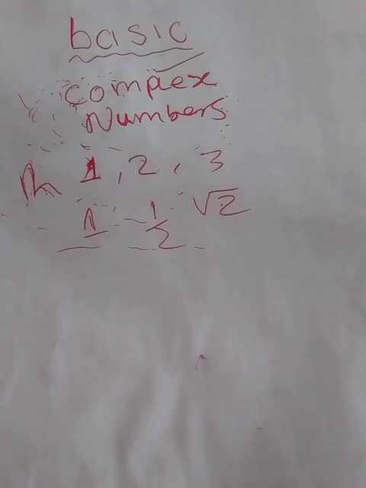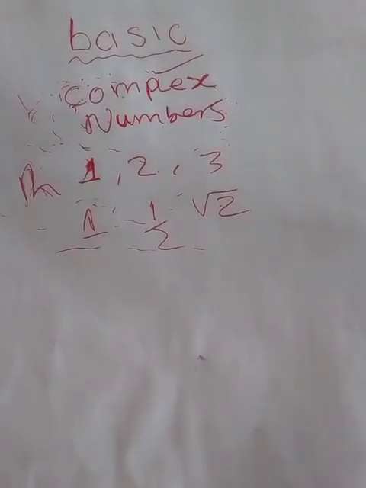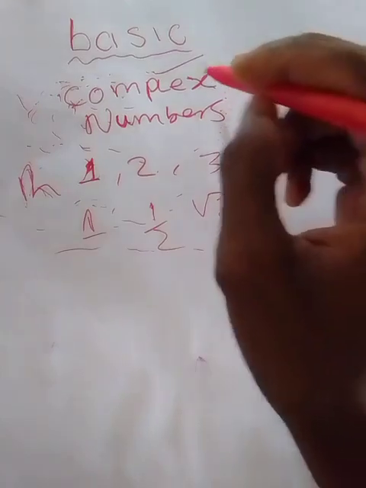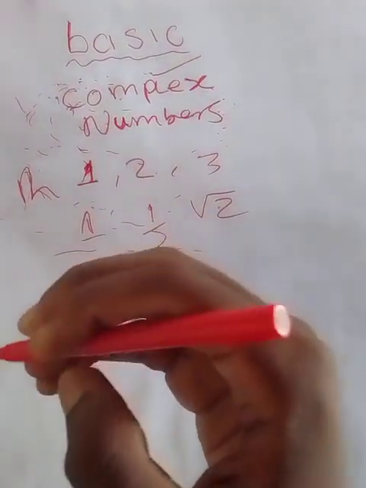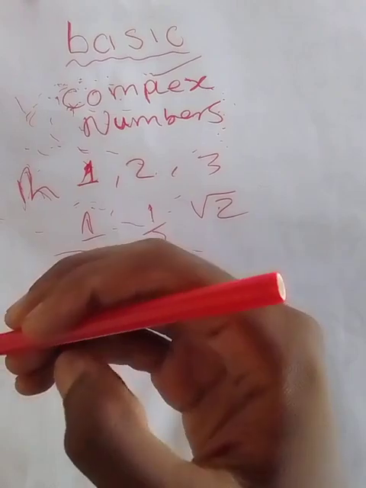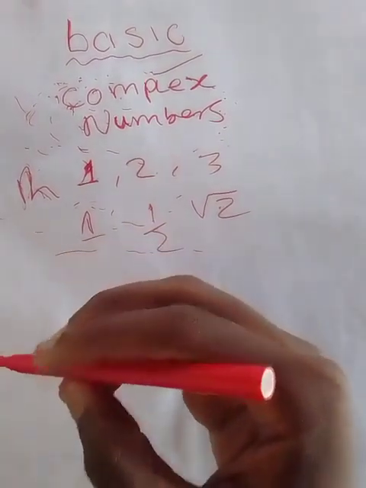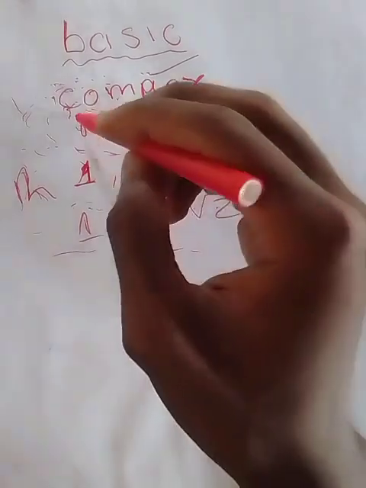Before I go any further, when you look at the word complex on its own in the dictionary, if something is complex, it means that it has some additional features, some additional concepts. That's what it means when it is complex. So even these complex numbers, yes, they are like any of these numbers, but they have some additional features.